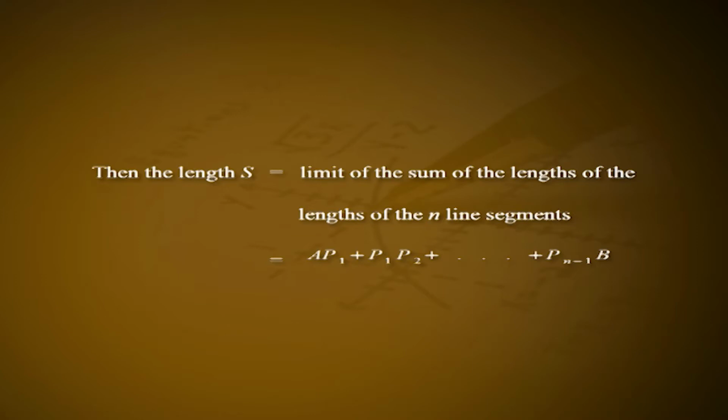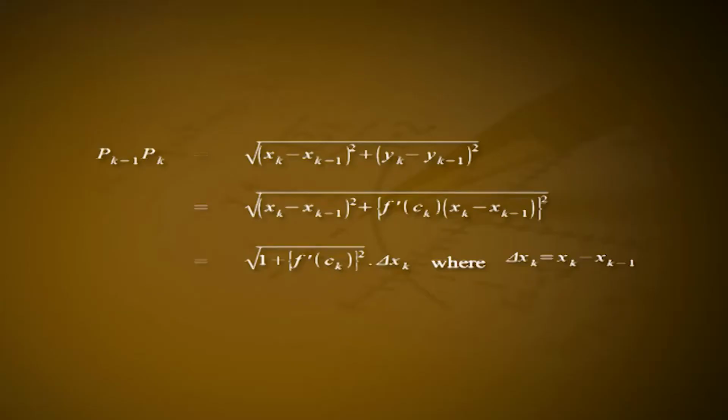plus P(n-1)B. By mean value theorem, the length of the kth line segment P(k-1)Pk is equal to the square root of (Δxk)² + (Δyk)², which is equal to the square root of (Δxk)² + (f'(ck) Δxk)², which is equal to the square root of 1 + f'(ck)² times Δxk, where Δxk is equal to xk - x(k-1).